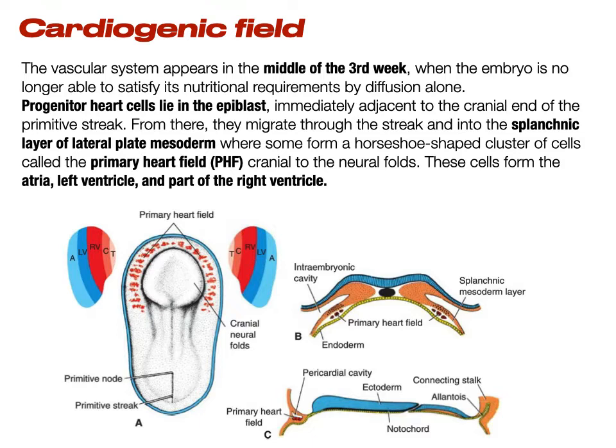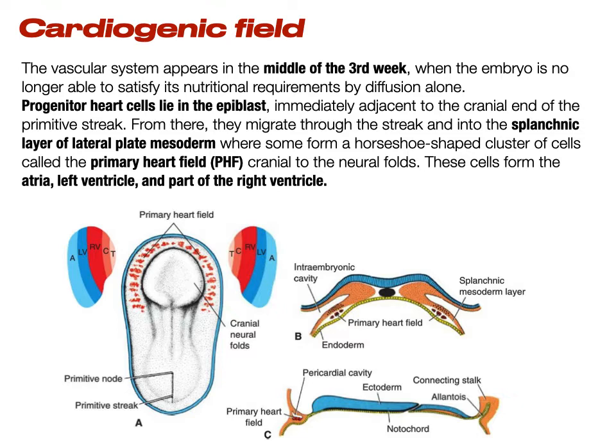By the middle of the third week, progenitor heart cells of the epiblast migrate to the visceral layer of the lateral mesoderm and form the primary heart field that you can see in figure A of an embryo seen from above.